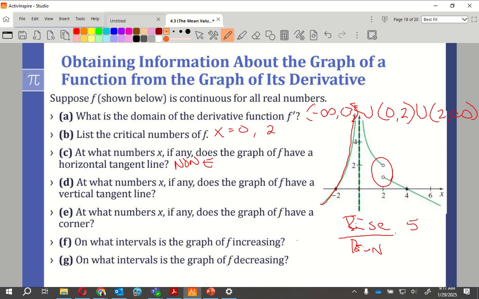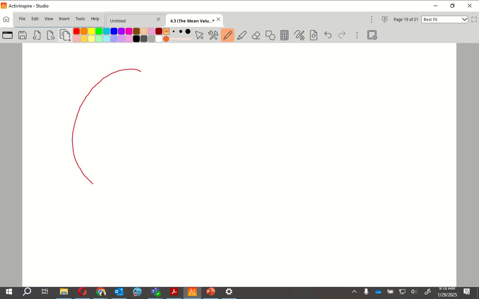So let's say 5 rise, 0 run. What does that give us there? Undefined, right? So if I were to try to do this, and I would actually have a graph of a function, let's take a look at this. Right there. At those 2 points right there, what is that? I'm going to have undefined, right?